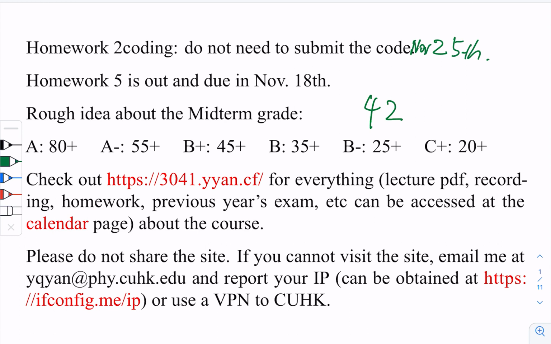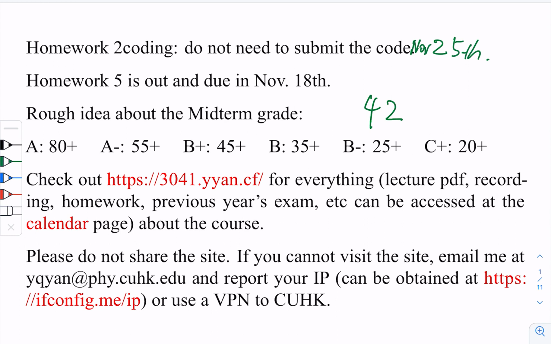So if you get a score about 80, then you are expecting to receive a grade of A, under the assumption that your homework is doing similar to your midterm, and that you do your final exactly the same as the midterm, so this only gives you a rough idea. That's if I only consider the midterm grade.